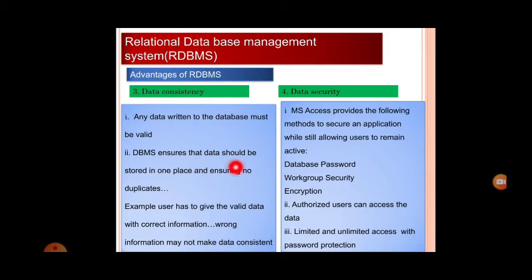DBMS ensures the data is stored in only one place, ensuring no duplicates. So in DBMS, the data has to be stored in only one place. No need to keep multiple copies, as this creates data redundancy, and it will be very difficult if the data is mishandled or misinterpreted. Next example, the user has to give valid data with the correct information.